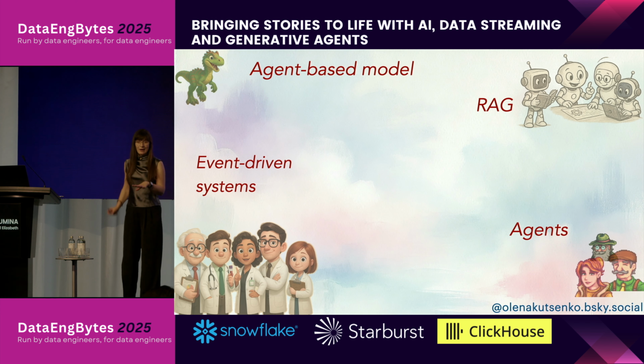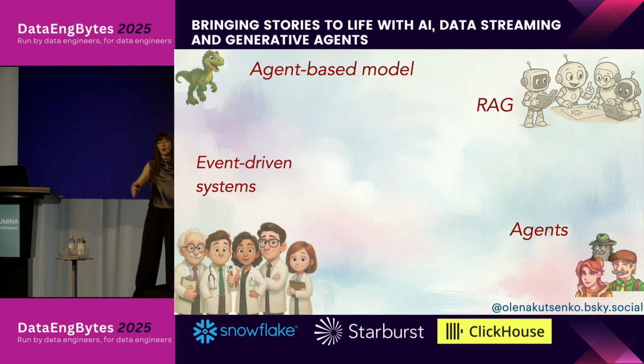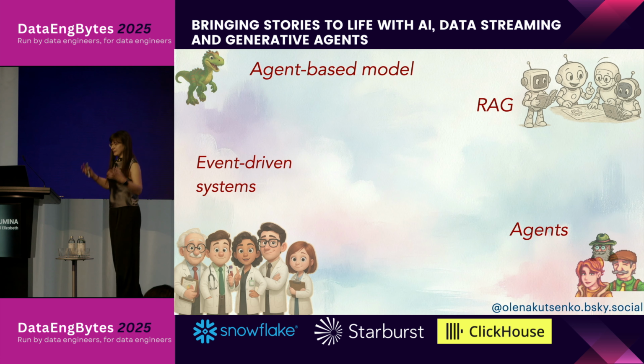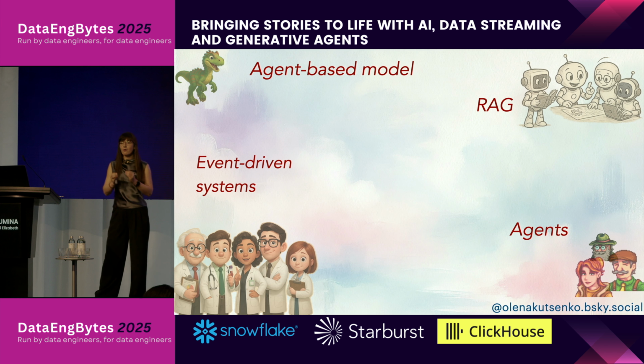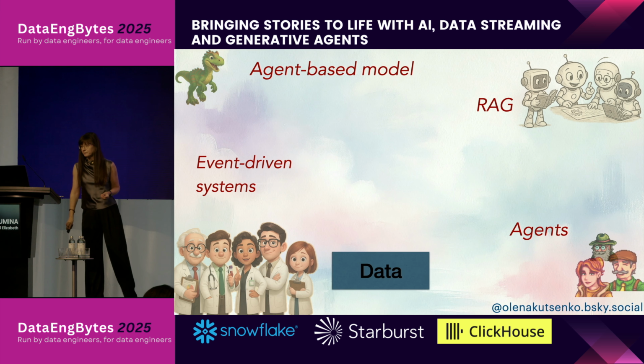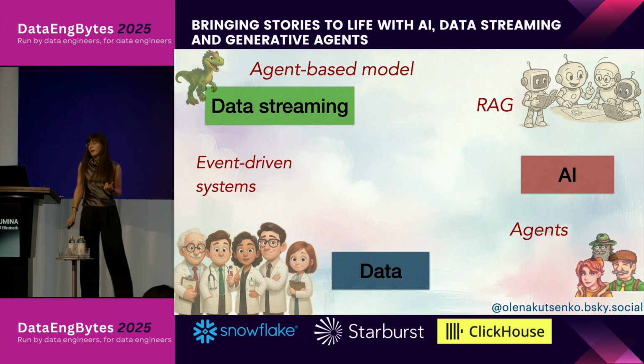And while doing this, I would like to keep a focus on three evolving pieces, things which have been existing separately, but when we unite them, they become a very powerful backbone for our architectures. So this is data streaming, data, and AI.